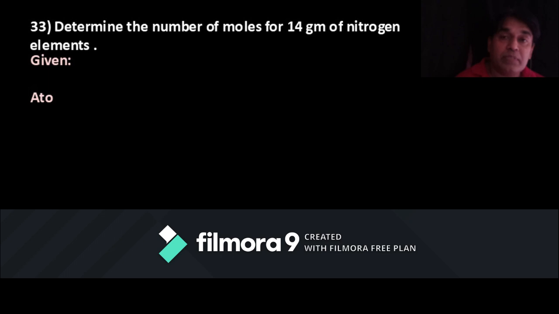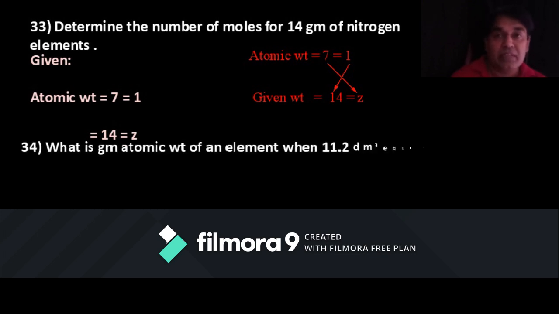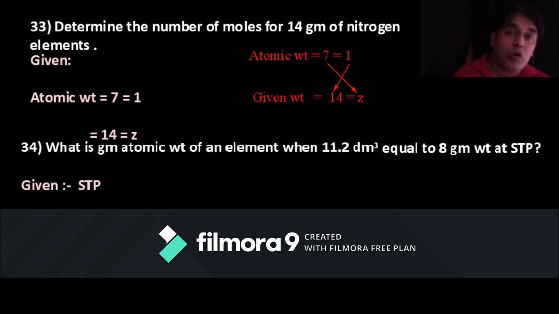Hence 14 grams equals Z. This can be easily solved by simple mathematical operation, that is, cross multiplication. The next example: what is the gram atomic weight of an element when 11.2 decimeter cubes equal 8 grams at STP condition? This can be simply solved by cross multiplication.